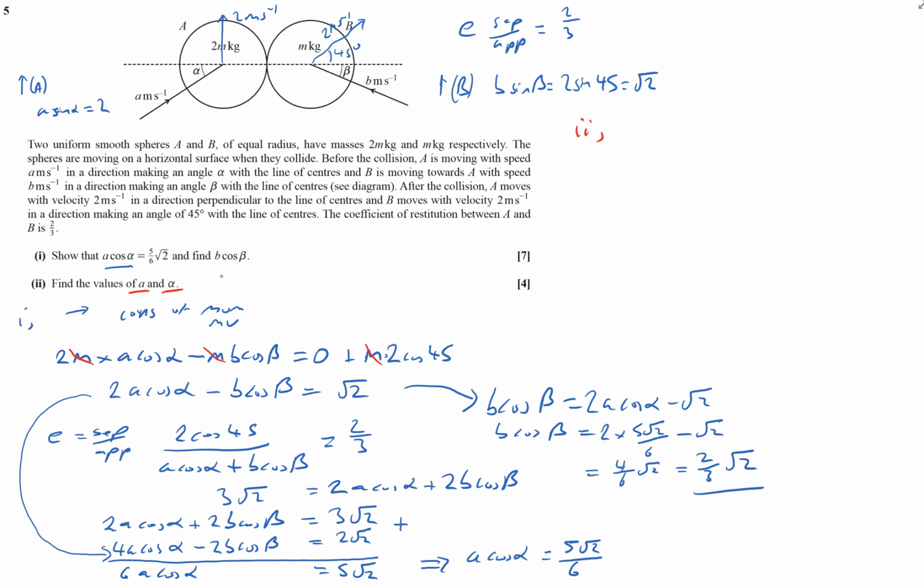So I need equations with those in there. Well, I've got one here, so I've got A sine alpha equals 2, and have I got any other things? I've got one here, so I've got that, which is A cos alpha equals 5 root 2 over 6.